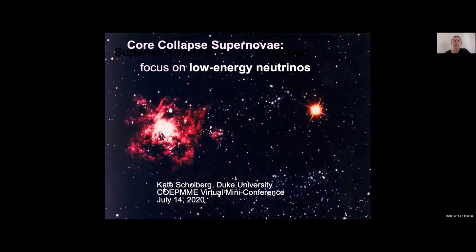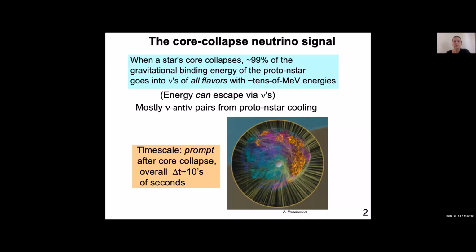Kate? I was charged with talking about core collapse supernovae, which actually has many aspects, but in only 15 minutes I'm just going to talk about the low energy neutrino flux, which is what I most know about. When you have a core collapse star, whether or not there is a supernova, almost all of the gravitational binding energy goes into neutrinos of all flavors in the energy range of a few tens of MeV.